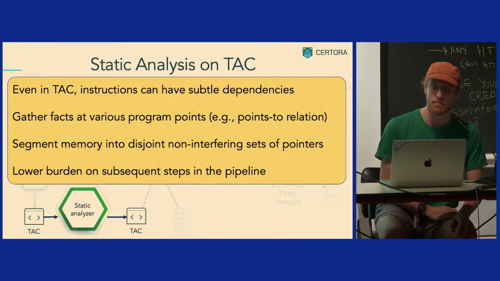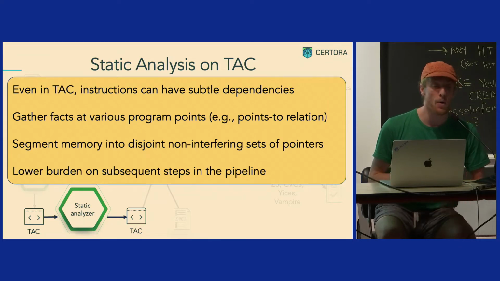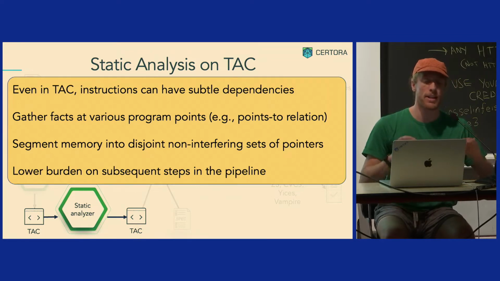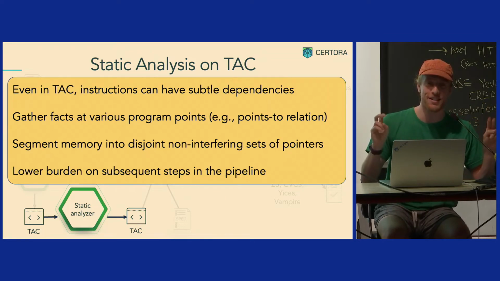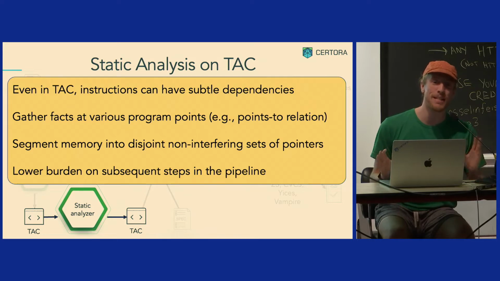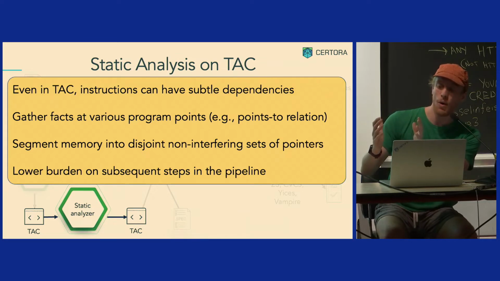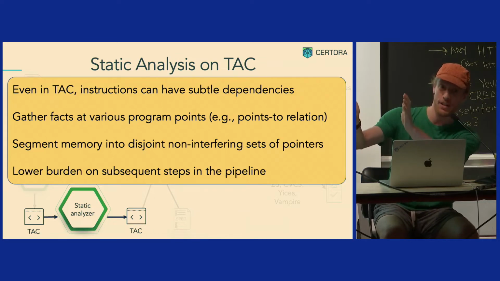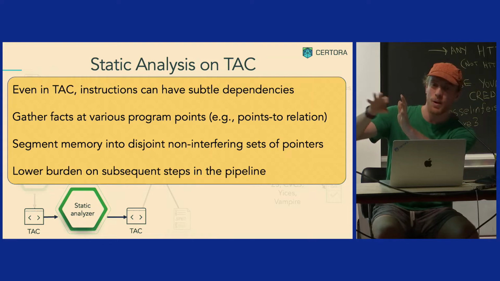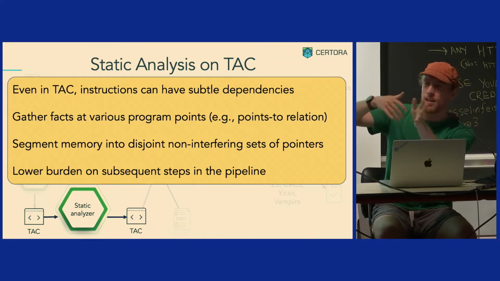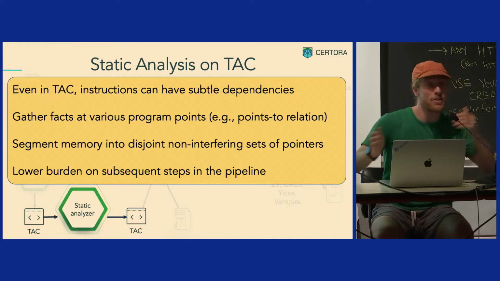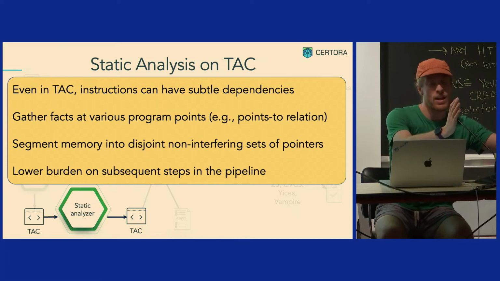We gather some points-to relations. One thing, this third point, we segment memory into disjoint non-interfering sets of pointers. So basically that means if you access one piece of memory, we could say, well, hey, there's this one region over here that we might modify and maybe we're not sure exactly where, but then there's this other region over here.